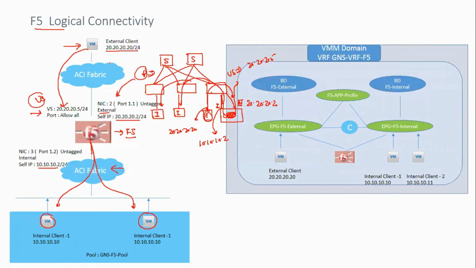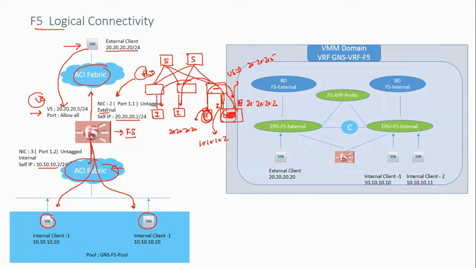So that is why your external machine is connected to your leaf, so it is an ACI fabric. Your F5 has interfaces, external and internal, that are also connected to the leaf. So that means your external connectivity is connected to the ACI fabric, and your internal connectivity is also on the ACI fabric, and your two internal clients are also connected to the ACI fabric.